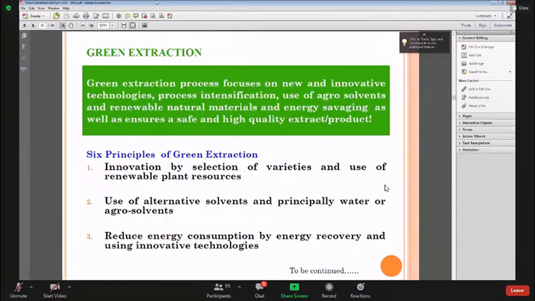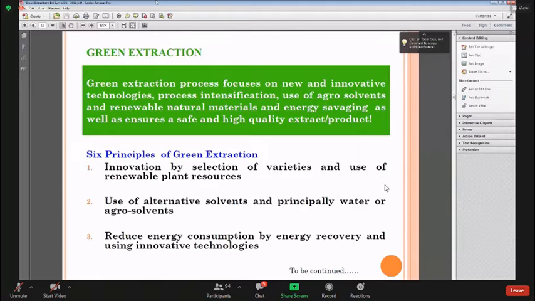So recently there is greater concern about alternative methods for extraction, basically keeping in view the principles of green chemistry, which is also known as sustainable chemistry. Recently, the scientific community, the researchers, have shifted to green extractions.